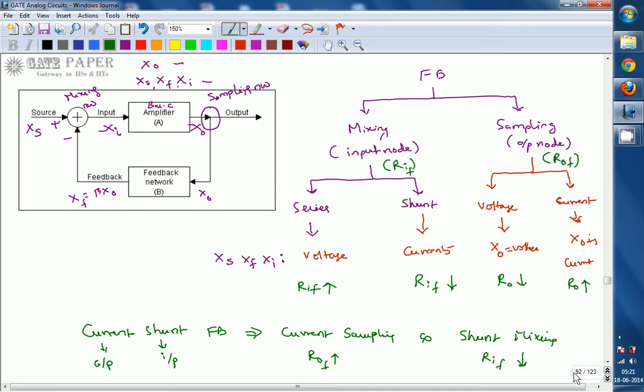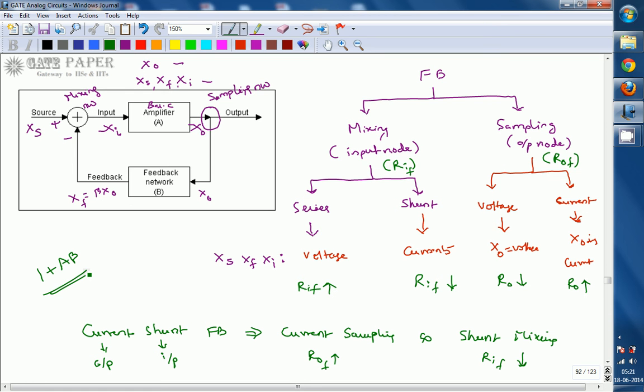R0F increases, RIF decreases. Whenever input or output impedance increases or decreases, it is always by the factor of 1 plus A beta. R0F increases means R0, the output resistance without feedback, is increased by 1 plus A beta times, and that is called R0F.